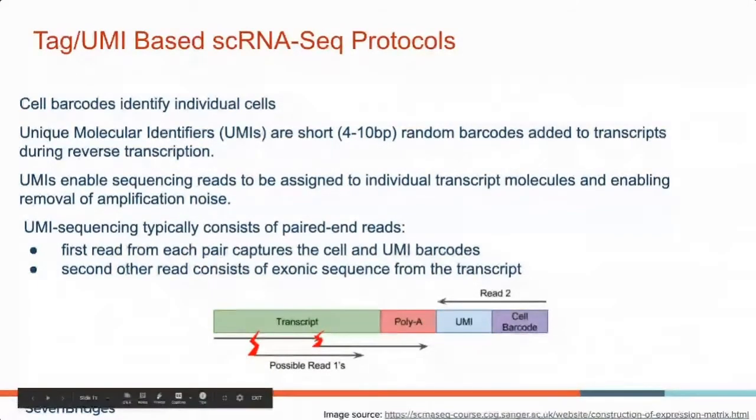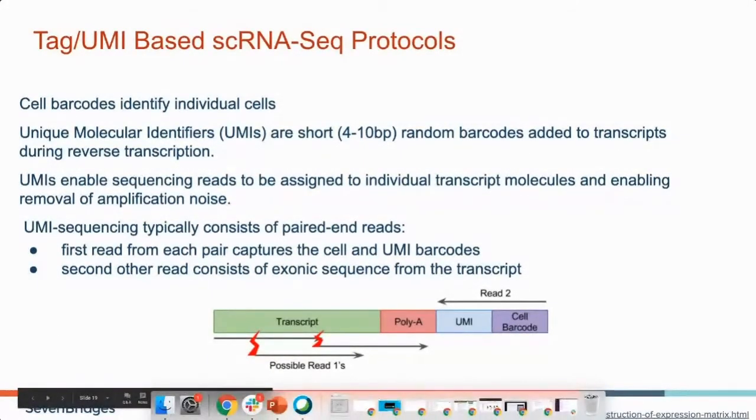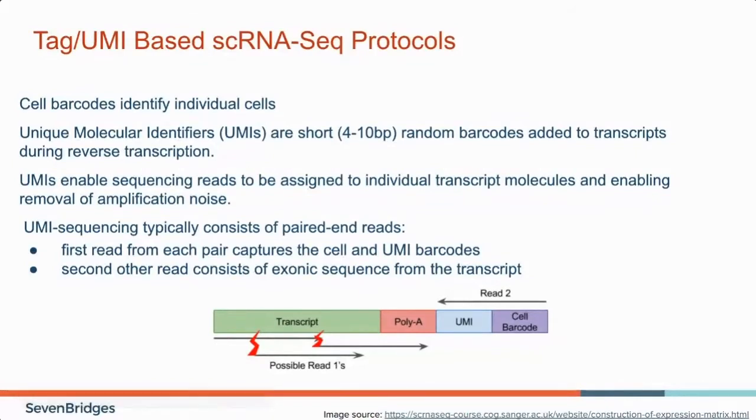Okay, so cell barcodes refer to the unique sequences added to each fragment that came from a single cell before all cells are mixed together and sequenced. UMI-based protocols use an additional type of barcodes called UMIs. These are unique molecular identifiers that are short random sequences added to the transcript during reverse transcription.